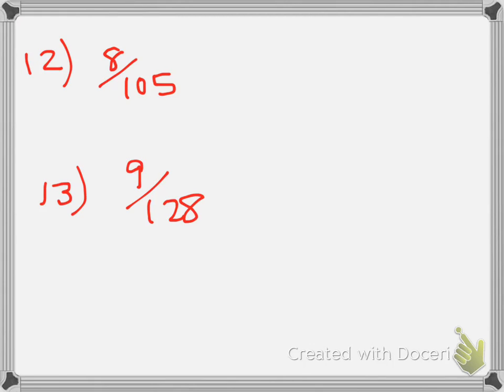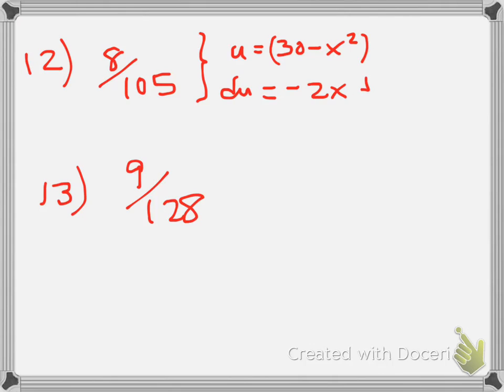In case you're looking for just a little bit of guidance, the setup for number 12, u wound up being 30 minus x squared, because you could look at that as something being raised to a negative 2 power. And du here was equal to negative 2x dx, so you were off by a negative 2. So when you set your integral up, you had a negative 1/2 on the outside, and you were integrating u to the negative 2 du.